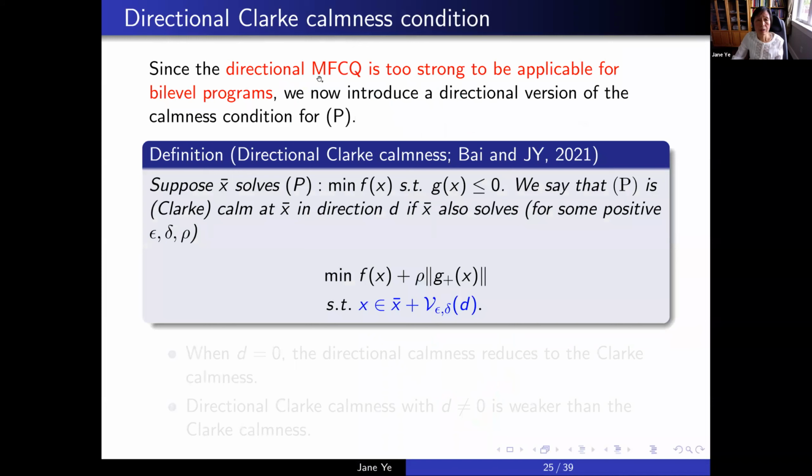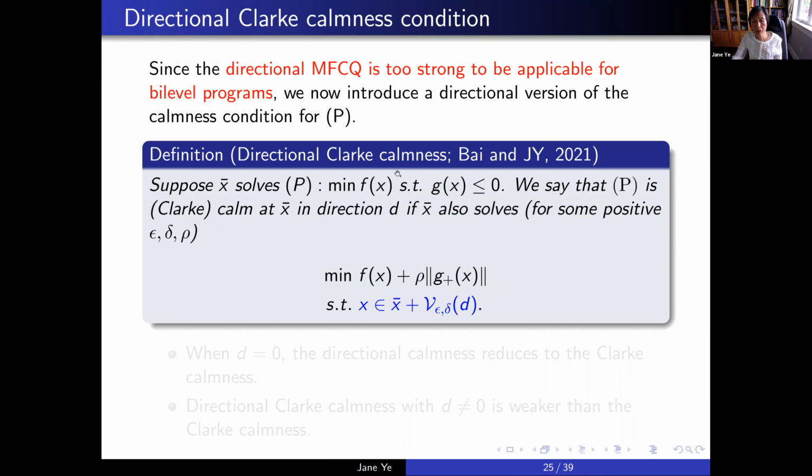Because the directional MFCQ is too strong, we introduce a directional version of the calmness condition. The Clarke calmness condition is the idea that, suppose x bar solves the problem P. We say a problem is calm at x bar if x bar also solves a penalty problem where the constraint is penalized into the objective.